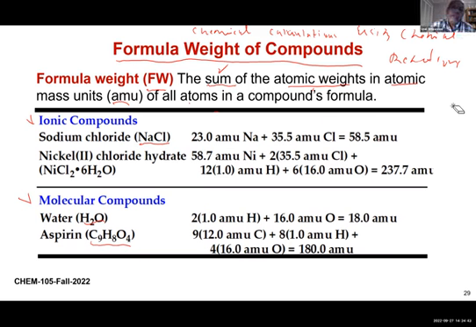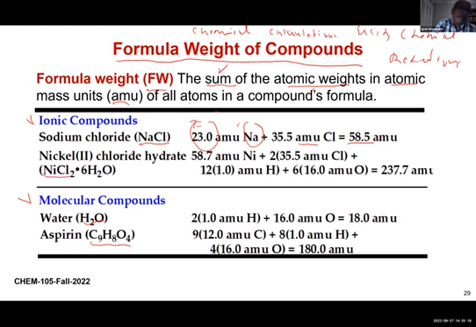So how do you calculate the formula mass? You add all atomic weights. You look in the periodic table. It is this number. This is also called grams per mole. I'm going to talk about this in a minute. Right now, atomic mass units are okay. So when you add them up, 23 plus chlorine's atomic weight, you get 58.5.